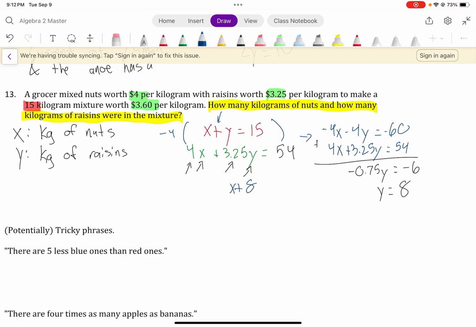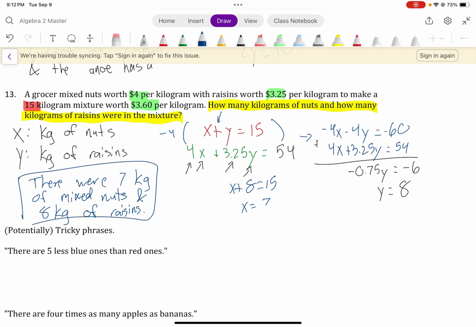X plus 8 equals 15, so X has to equal 7. There were 7 kilograms of mixed nuts and 8 kilograms of raisins.